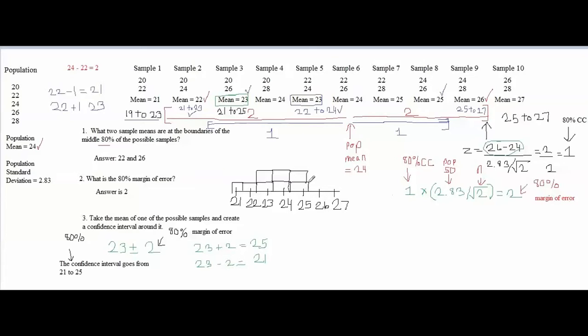And then we have one each for 26 and 27. The middle 80% is the eight samples in the middle, because 8 out of 10 is 80%. And we said that the middle 80% goes from 22 right here up to 26 up here.